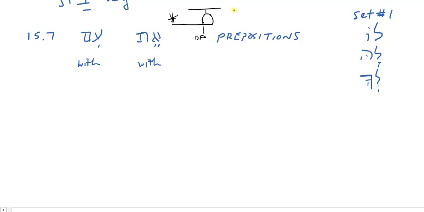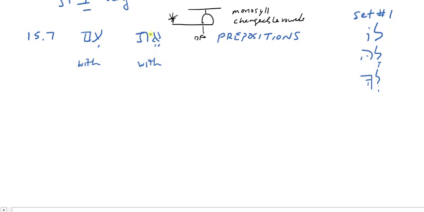They are monosyllabic nouns or words with changeable vowels. So take a look at im. Is that a monosyllabic word? Yes, one syllable. Is this a changeable vowel, this hireq? Yes. The only unchangeable vowels we know are the historically long ones. So if I don't have a historically long vowel, then it is a changeable vowel.